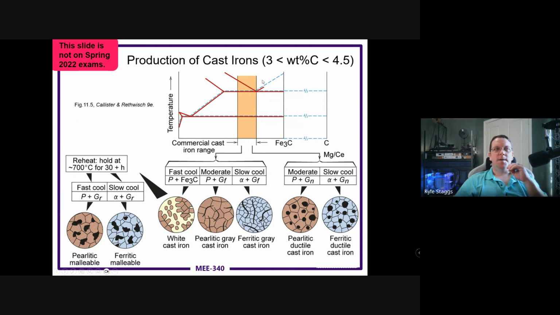So depending on how quickly you cool, you can get perlite and graphite, or you can get alpha and graphite.